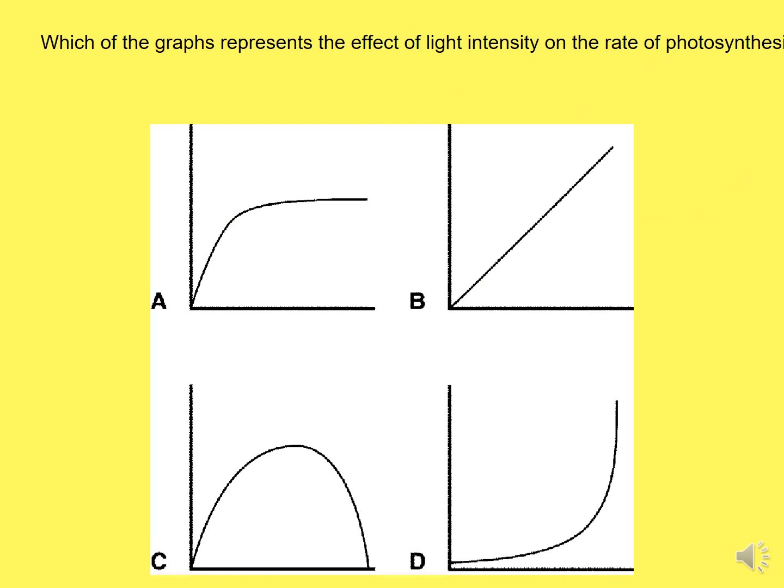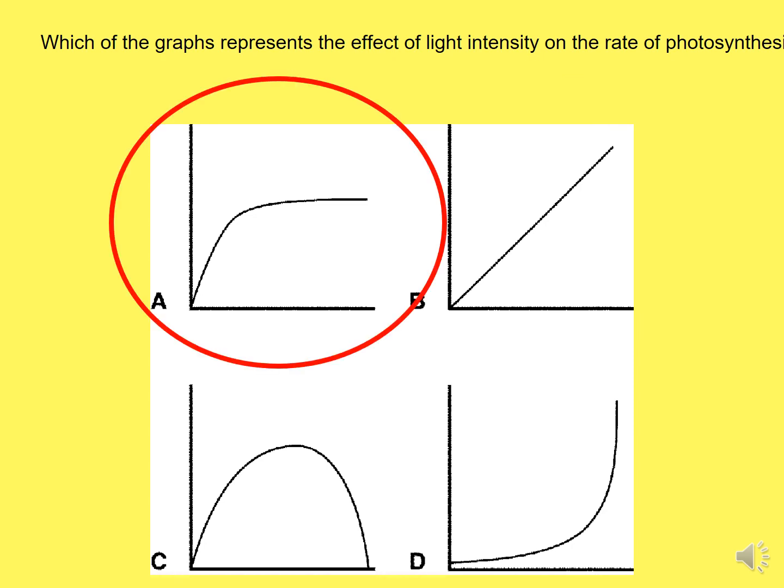So now you have to identify these graphs by the effect of light intensity on rate of photosynthesis. Which of the graphs represents the effect of light intensity on photosynthesis? If you had a lot of light, how would that affect photosynthesis? If you just have too much light, is it going to go anywhere?